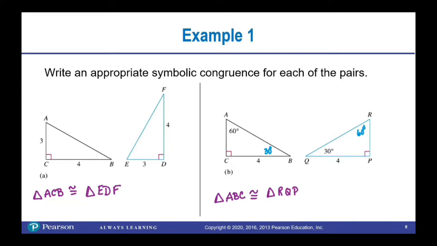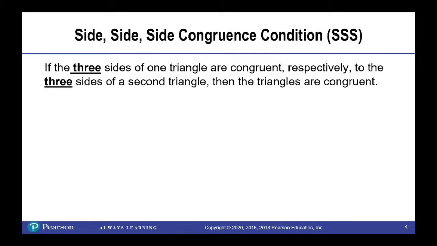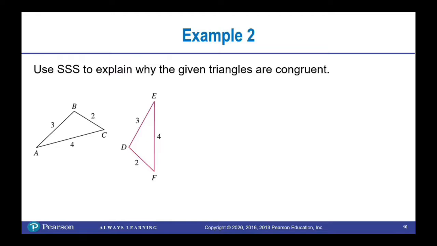One way that we can tell that triangles are congruent is by side, side, side. So if three sides of one triangle are congruent to three sides of a second triangle, then our triangles are congruent. Look at example 2. We're going to use side, side, side to explain why our two triangles are congruent. So let's start thinking about our matching pieces. Line segment AB is congruent to line segment ED.